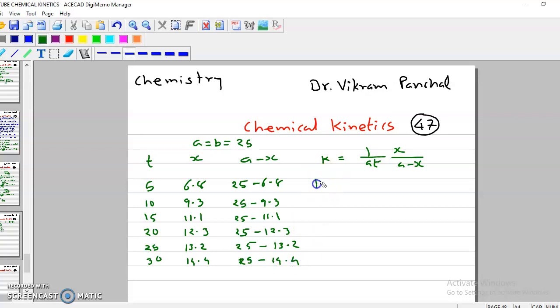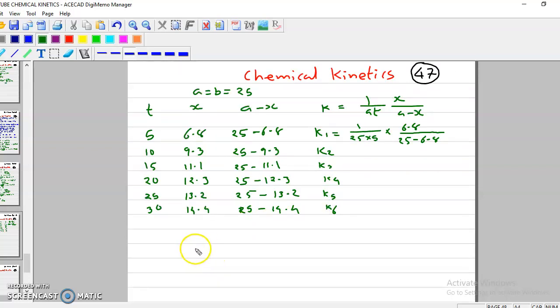And then for K1 is equal to 1 upon 25 into t, that is 5, x is 6.8 upon 25 minus 6.8. For this we can find out K2, K3, K4, K5, K6.